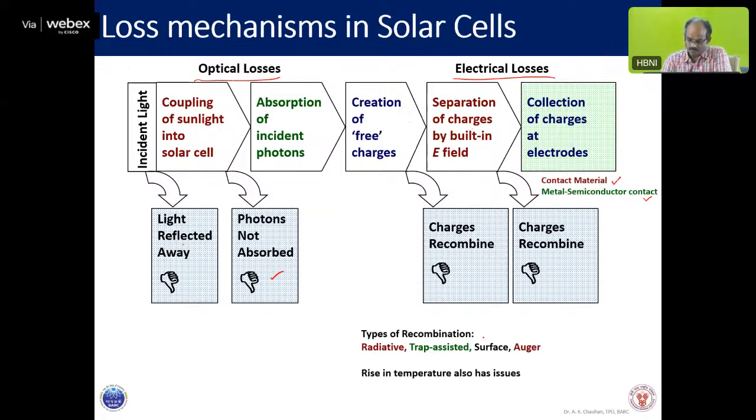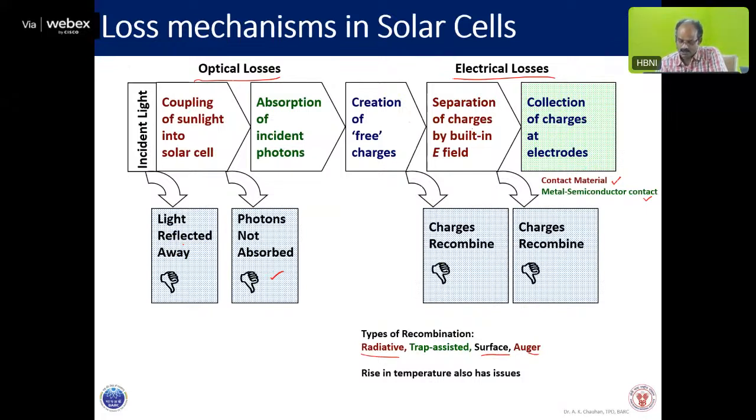There are different kinds of recombination inside a solar cell. One is radiative recombination, where when the electron and hole pair combine, they emit a light or photon. Then there is trap assisted recombination, where there are traps in between that provide a recombination center, then surface recombination and Auger recombination.